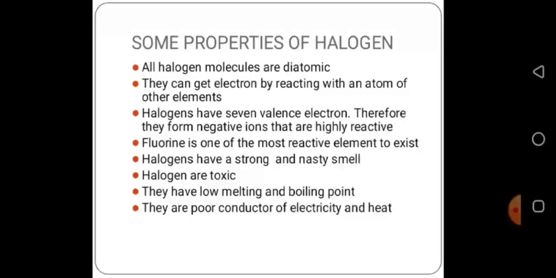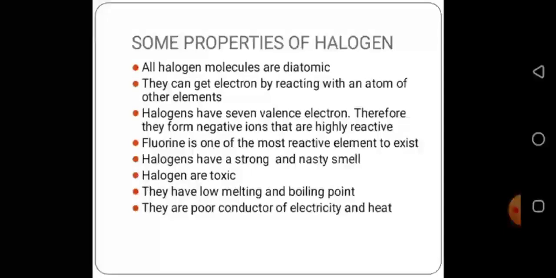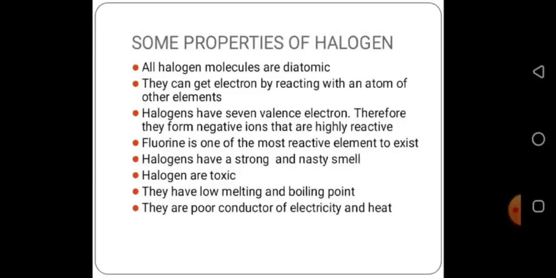When an element accepts electrons from others, it forms a negative ion. When it gives out, it becomes positive. Fluorine is one of the most reactive elements to exist. Among all the elements, fluorine is the most reactive element.